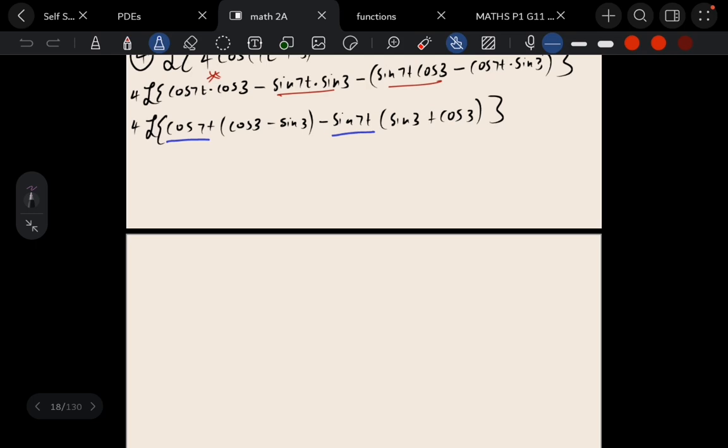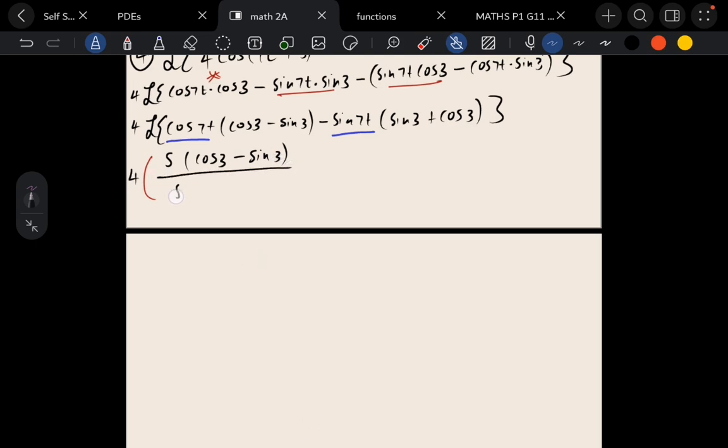So it's going to be 4 in brackets. What is the Laplace transform of cos 7t? It's going to be s times that constant (cos 3 minus sin 3) divided by s squared plus 49.